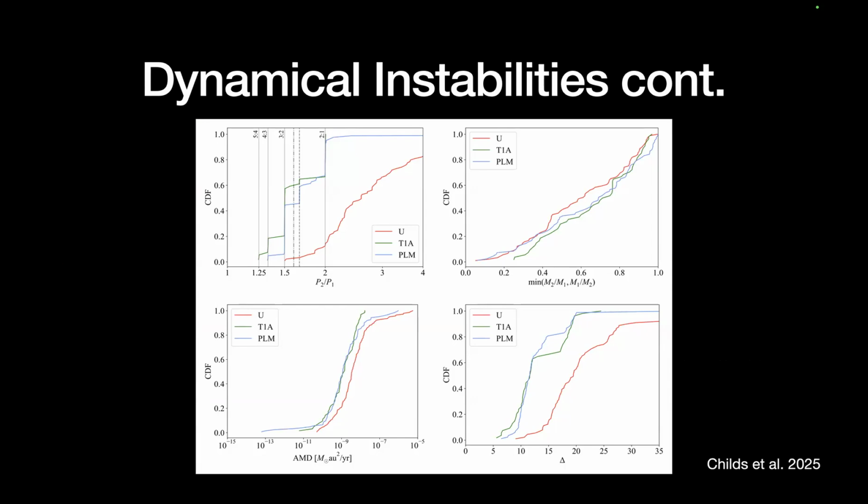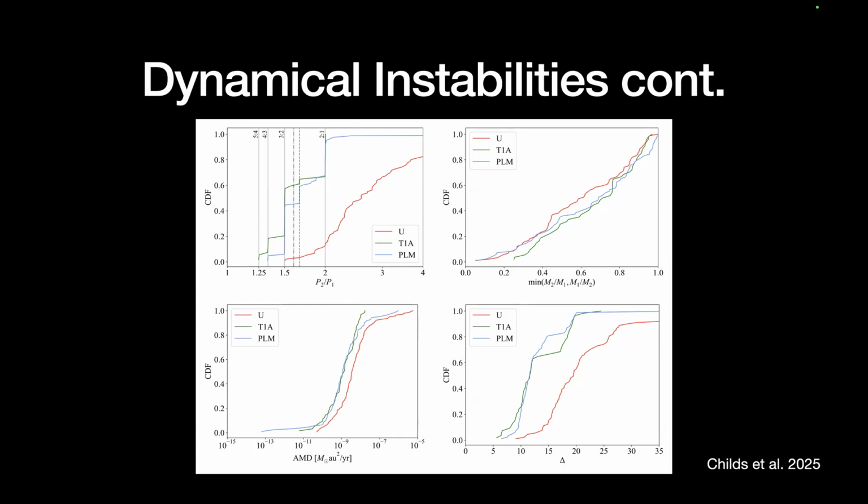And so this is showing the distributions for those 3 subgroups in each of these 4 metrics that I just described. And we find that the unstable runs have a statistically different distribution from the TRAPPIST-1 analogs and the primordial low multiplicity runs. So these, again, are the runs that experience really no evolution in their system from when they formed in the gas disk to 100 million years after the gas disk has been turned off. We find statistical differences in 3 of the 4 metrics, those being the period ratio distributions, the angular momentum deficits, and the delta metric.